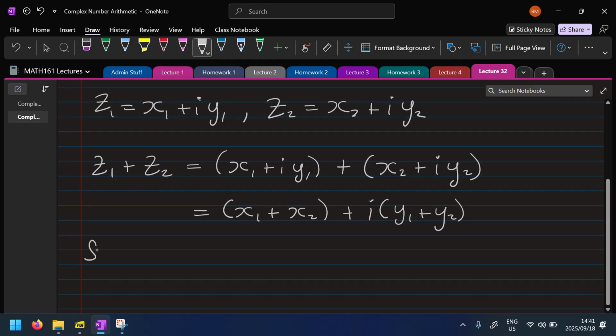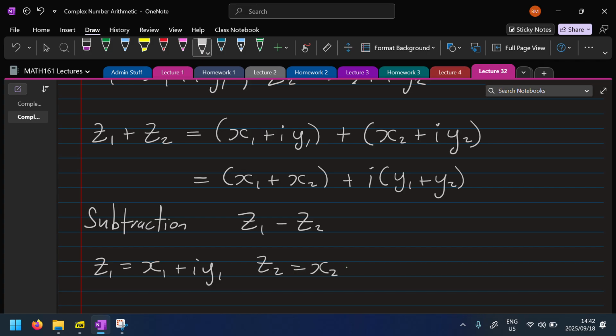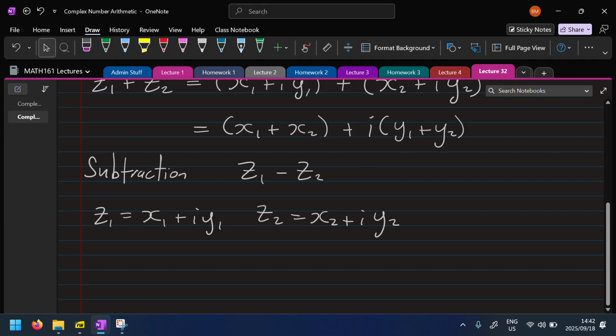What about subtraction? You could probably guess what we do. We want Z1 minus Z2. Let's say Z1 is X1 plus iY1, and Z2 is X2 plus iY2. Now we want to subtract them.